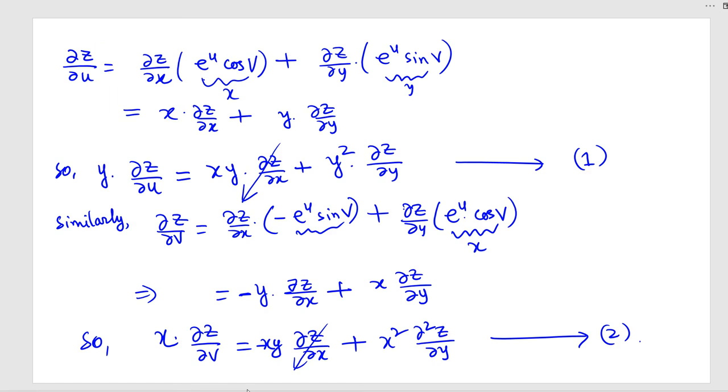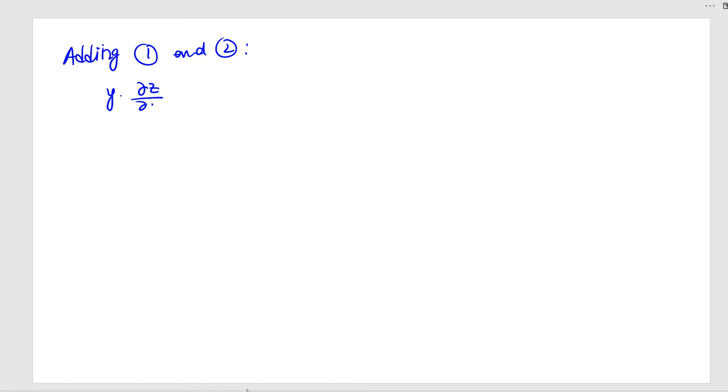So adding equations 1 and 2, we get y times del z del u plus x times del z del v.